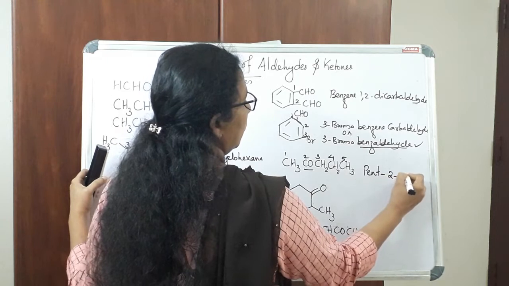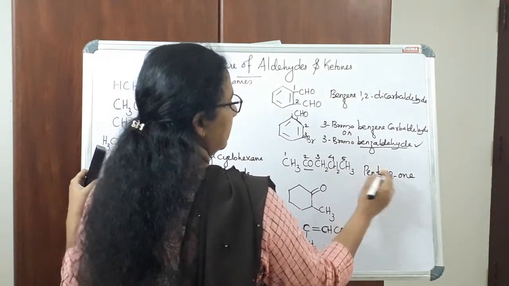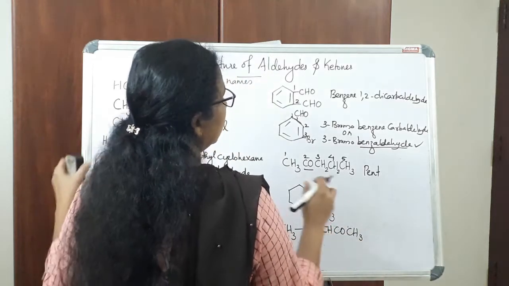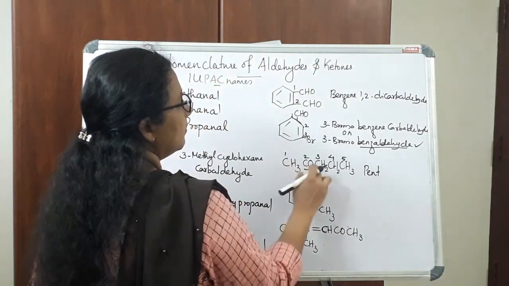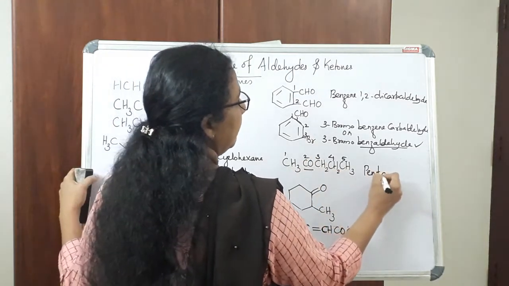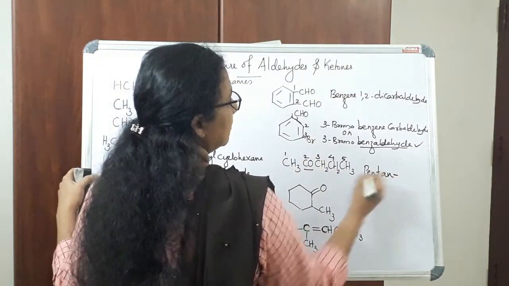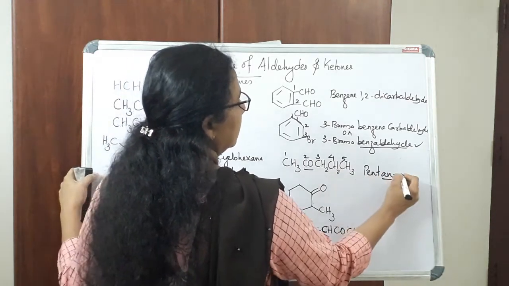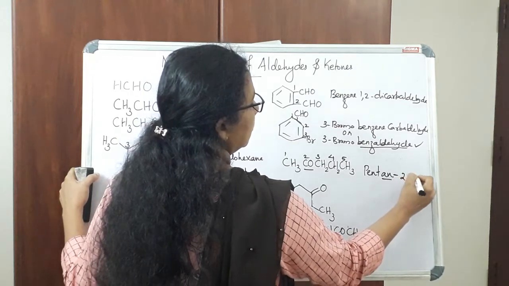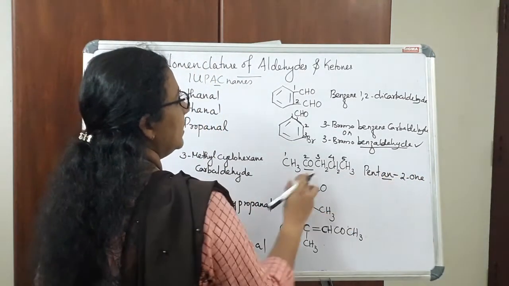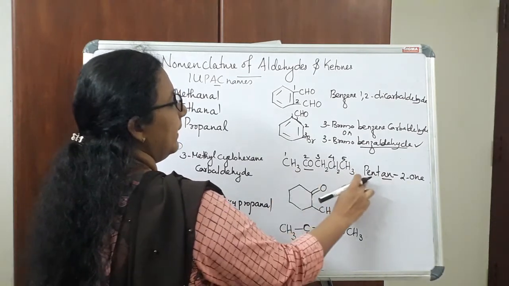We need to find whether there is a single bond or double bond. There are single bonds in between, so it will be pentan, so AN should be there. Then 2-one. So pentan-2-one. The second position ketonic group is there.